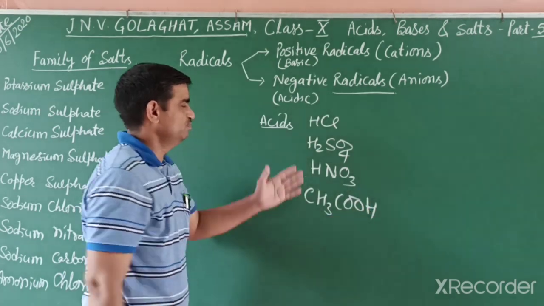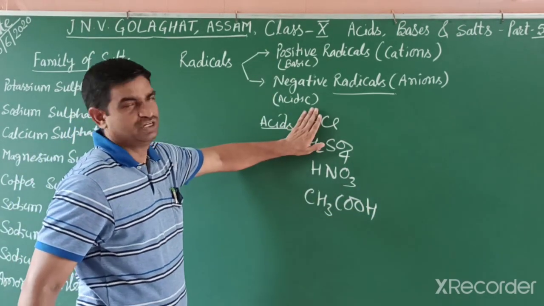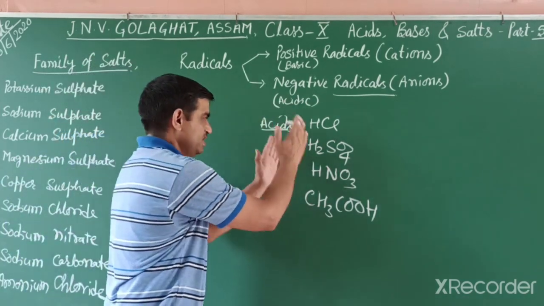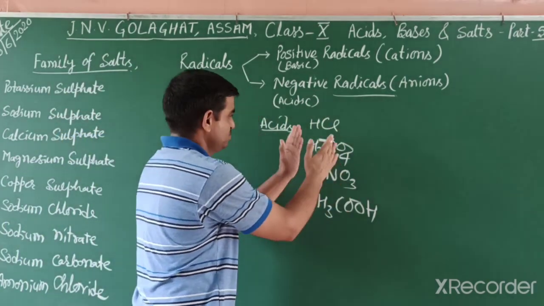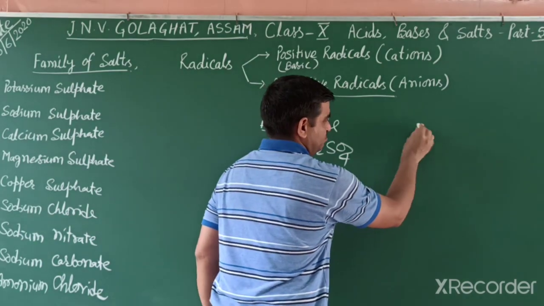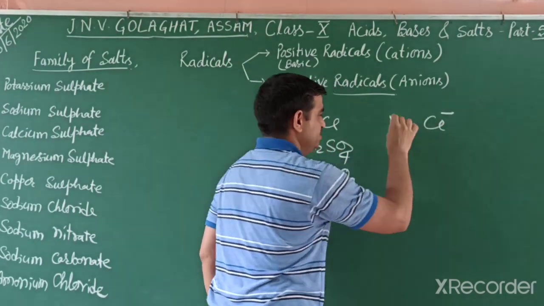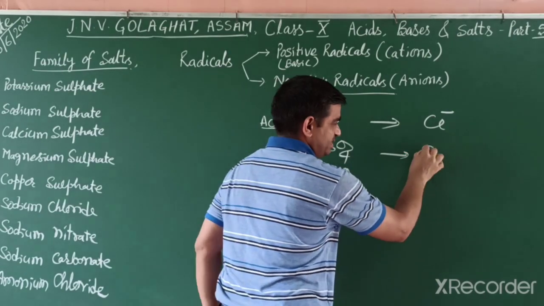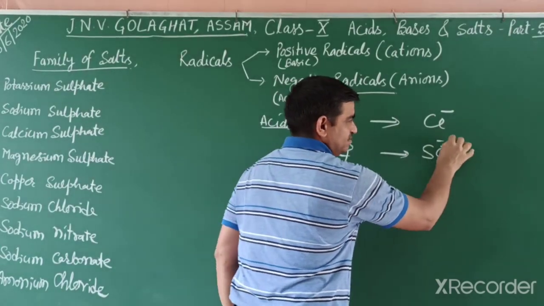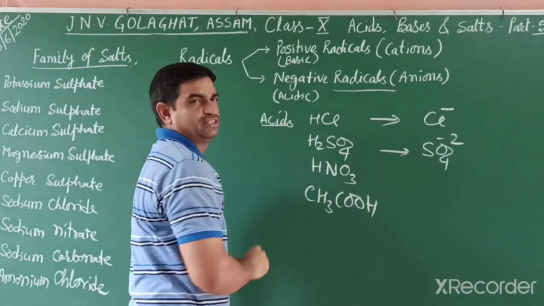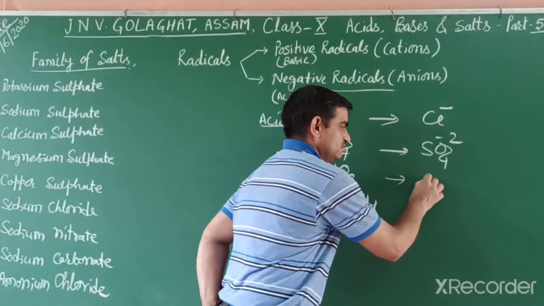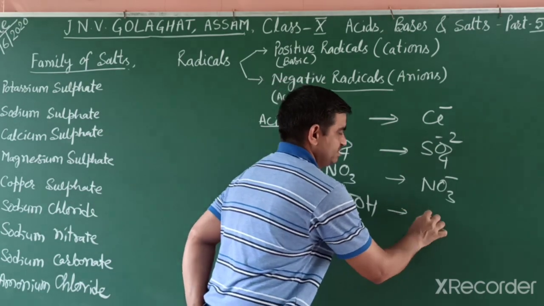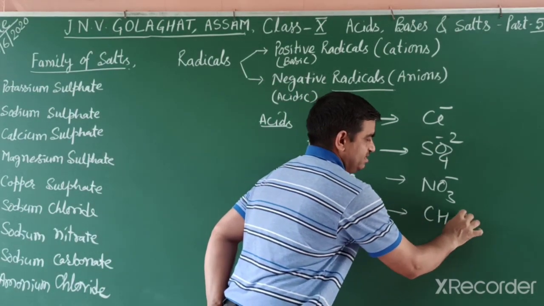Acids are those substances that produce hydronium ions. When we remove the hydrogen ion from these compounds, HCl provides chloride radicals, H2SO4 provides sulfate radicals, nitric acid provides nitrate radicals, and acetic acid provides acetate radicals.